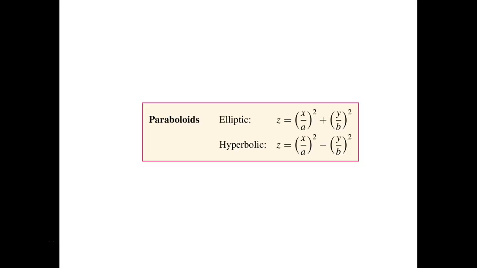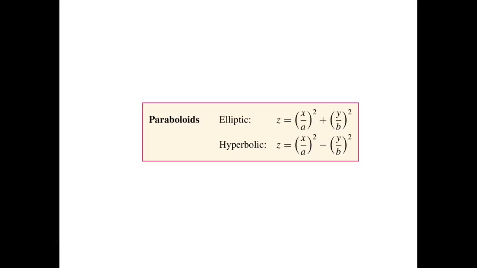If it was a minus z, then the ellipses would be going down. The hyperboloid would be jumping out, the elliptic hyperboloid. The hyperbolic paraboloid, oh boy, these are a little different.